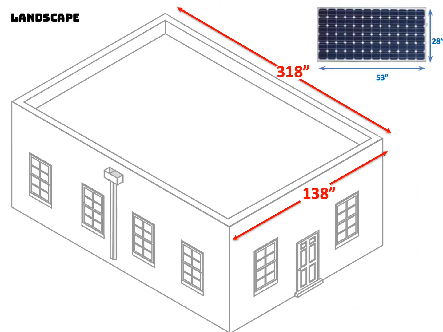First, we will be calculating how many of our solar panels would fit on this rooftop if they were installed in landscape position. Always remember, we cannot have half a solar panel, so we must always round our answers down to the nearest whole number.